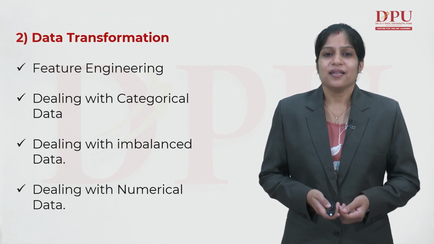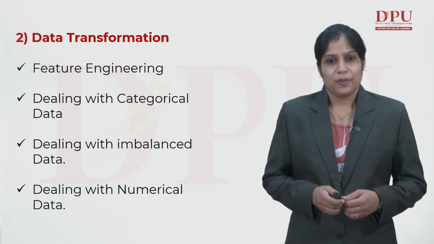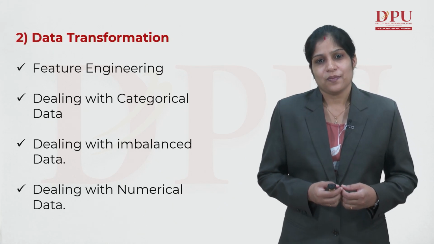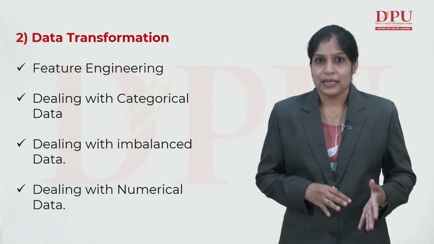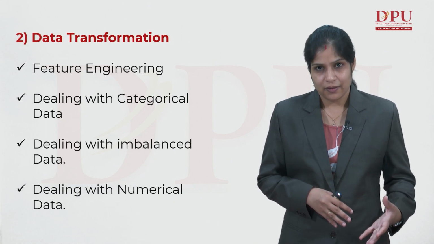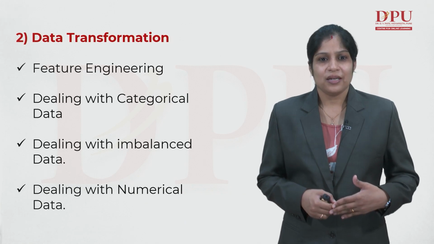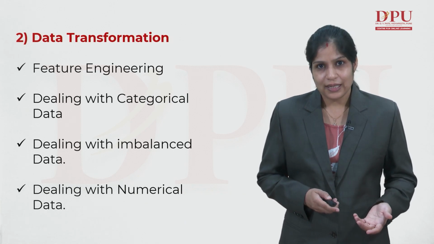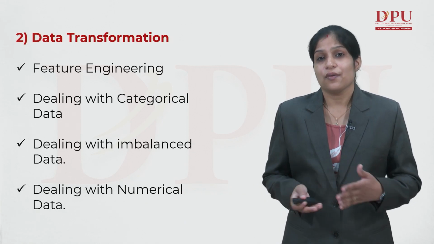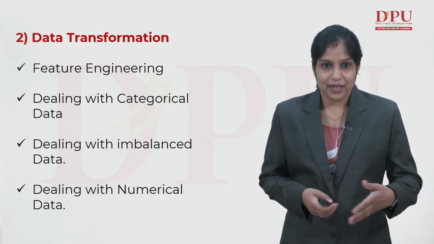Okay. Next technique is data transformation. Data transformation means here we will convert or transform our data. For that we will use feature engineering. We will deal with categorical data, that is, again we are converting the type of data types.